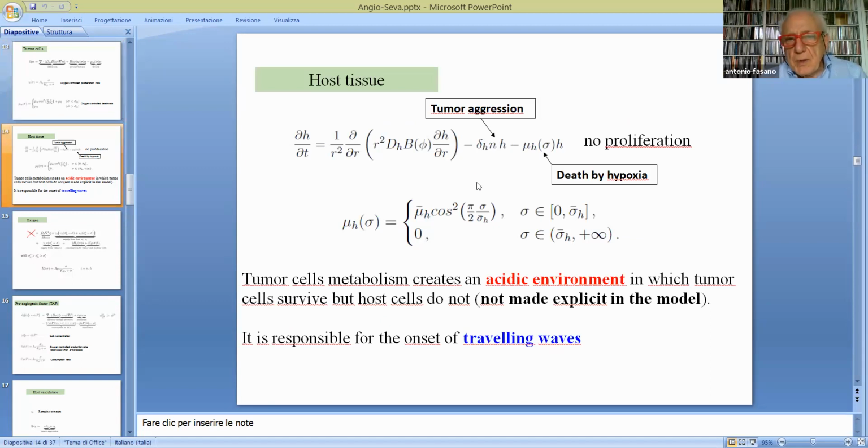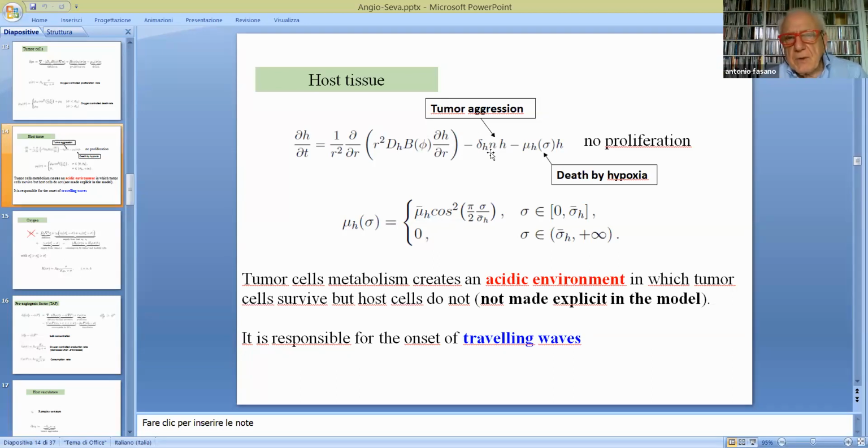In the host tissue, we have very similar things, but what is new here is the term which expresses the aggression of the tumor on the healthy tissue. This is a shortcut with respect to the paper by Gatenby and Gawlinski, which also introduced the proton concentration, deriving from the metabolism of the tumor cells.